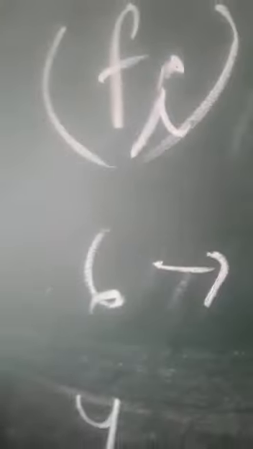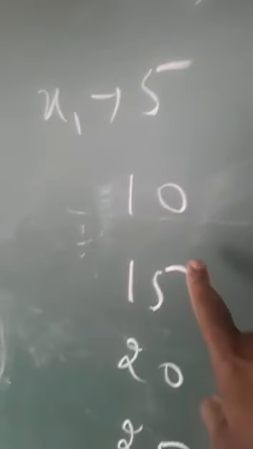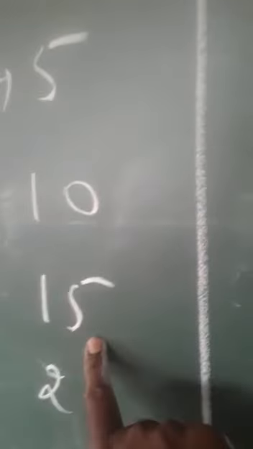Now the product of these will give us f1 x1. Similarly, we have to find all the xi's, x1, x2, x3, x4, x5 and x6, and their corresponding frequencies. The corresponding frequency for 5 is 6, for 10 it is 4, for 15 it is 2, for 20 it is 8, for 25 it is 7 and for 30 it is 3.